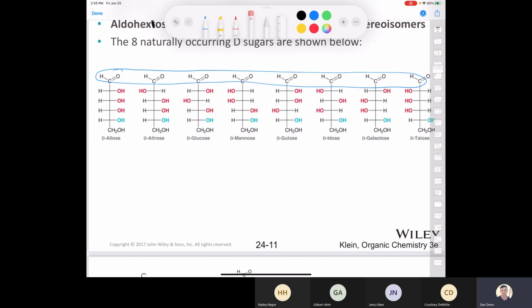Well, of the 2 that are going to be reduced, one would be allose, right? If we treat this with sodium borohydride in water, we would end up with this compound. So CH2OH, there we go. And then you can see that when we put in all the hydroxyls, we end up with a meso compound.